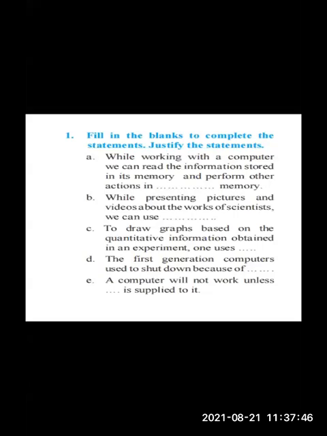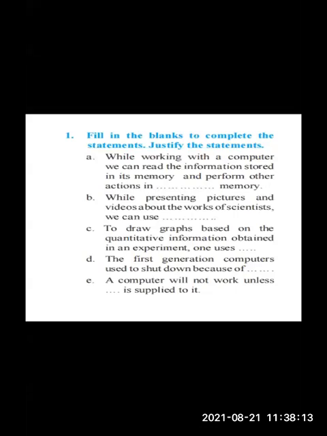That's the reason first generation computers were not working properly according to our needs. Then came the second generation computers, in which the size of the valves was reduced. In this way, now we are using fifth generation computers.